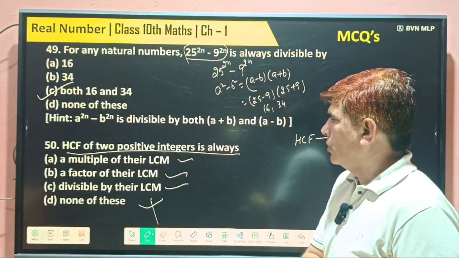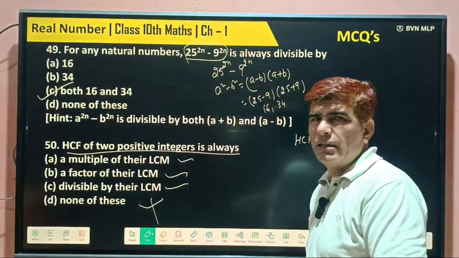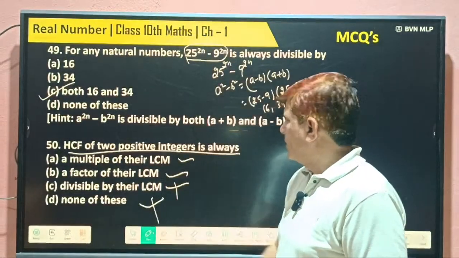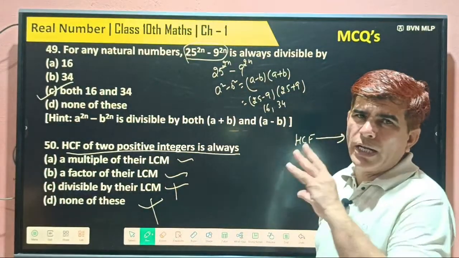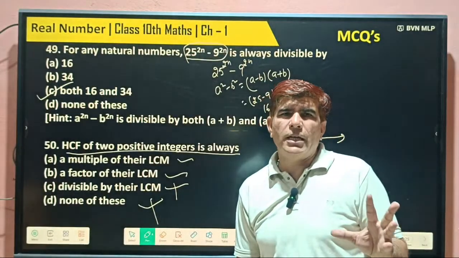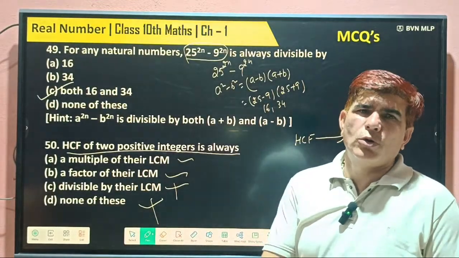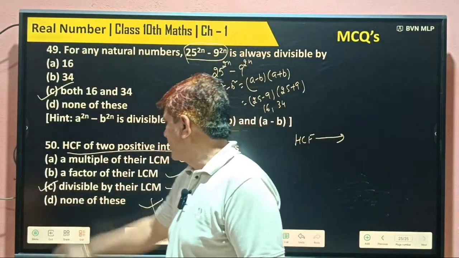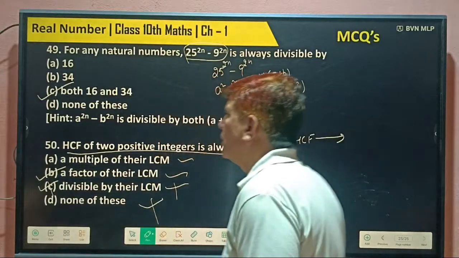So what can you say about divisible by their LCM? If LCM is greater than their HCF, how can it be divisible? Not divisible. And factor means either equal to that number or less than that. So HCF is always less than or equal to the LCM of two or more numbers. So this factor, B, is your answer.